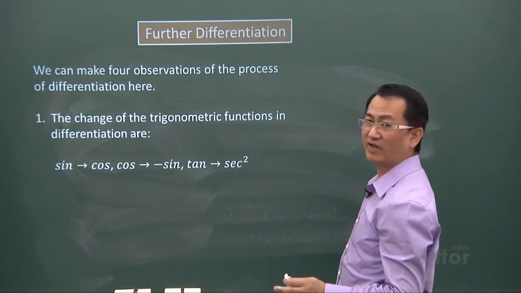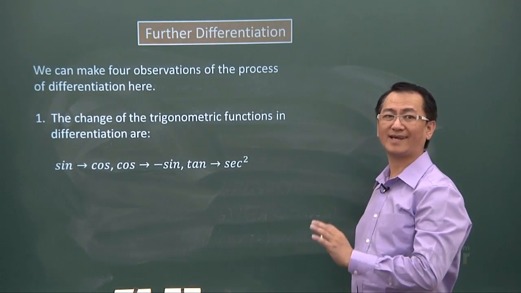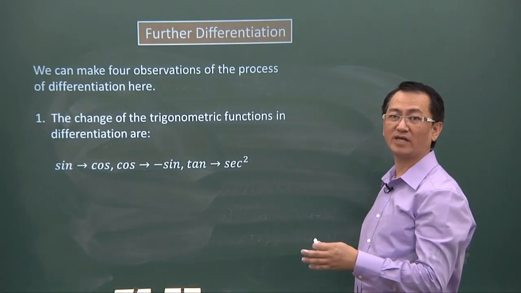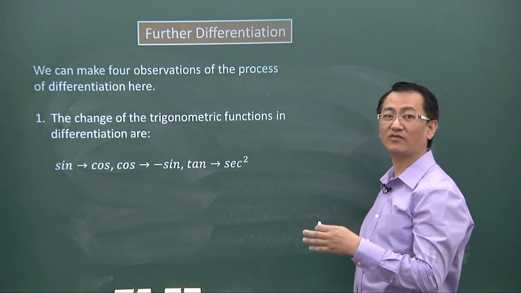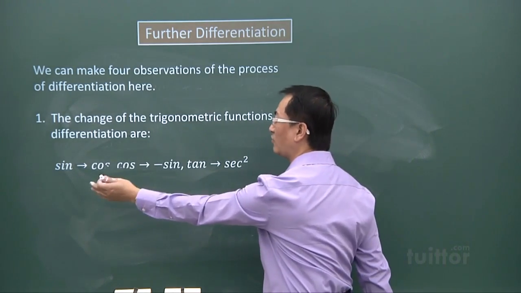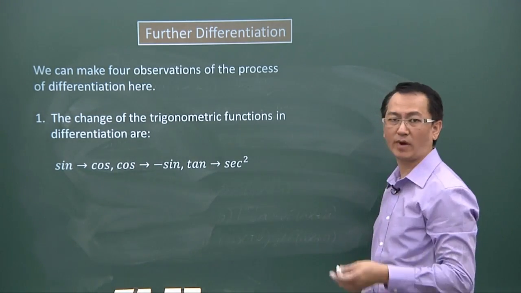Here are some observations. Whether it's the simplest case that we had before, like sine x, or the more complex case where you have sine to the power of n, then the angle. The sine will give you cos, cos will give you negative sine, tangent will give you secant squared.